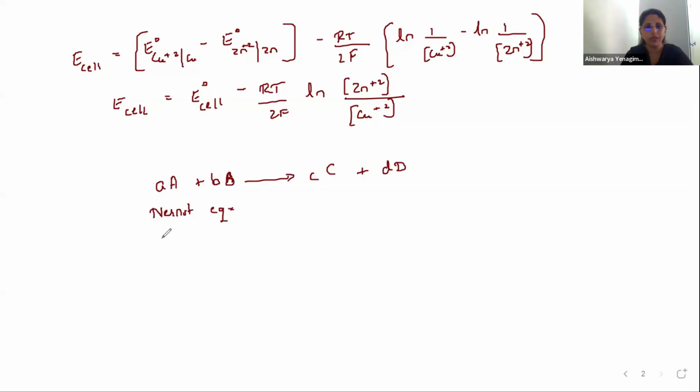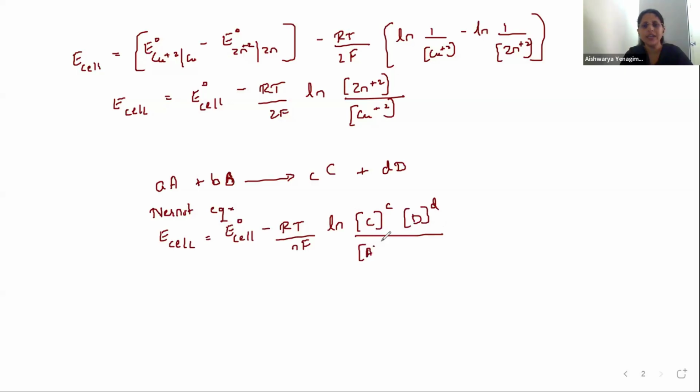The Nernst equation will be E cell is equal to E naught cell, the standard cell potential, minus RT by nF, number of electrons into Faraday constant, natural log of concentration of C raised to c, concentration of D raised to d, over concentration of A raised to a and concentration of B raised to b. Up to this it is clear.